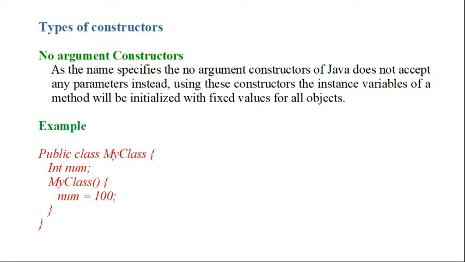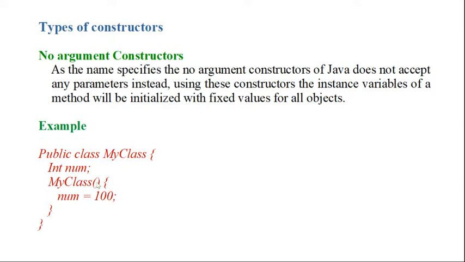So we'll see the types of constructor. The first is the no argument constructor. No argument constructors are constructors where I haven't passed any argument or parameter within the constructor. So let's say there is a class, MyClass, and there is a MyClass constructor here.